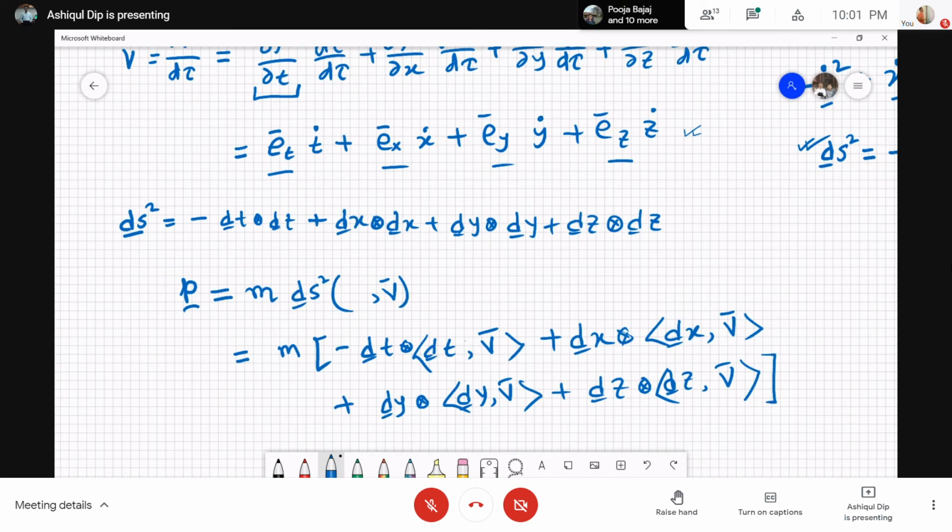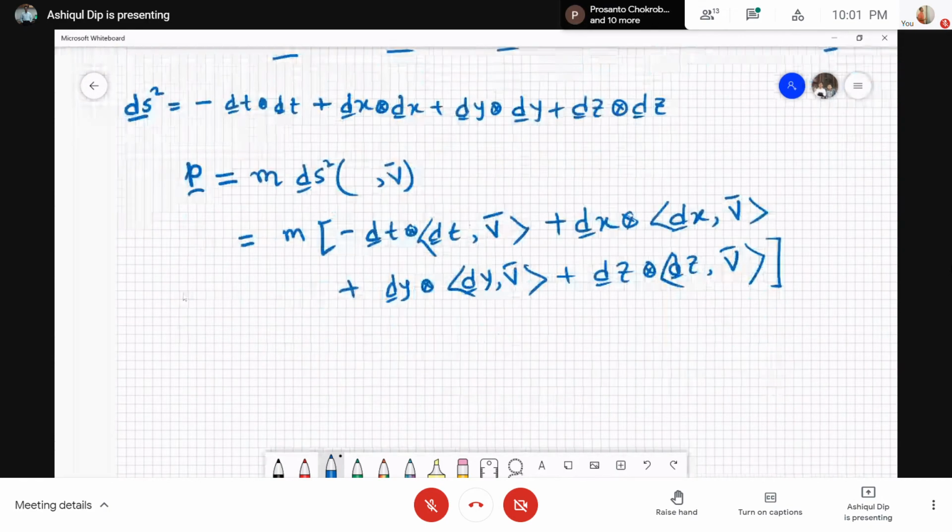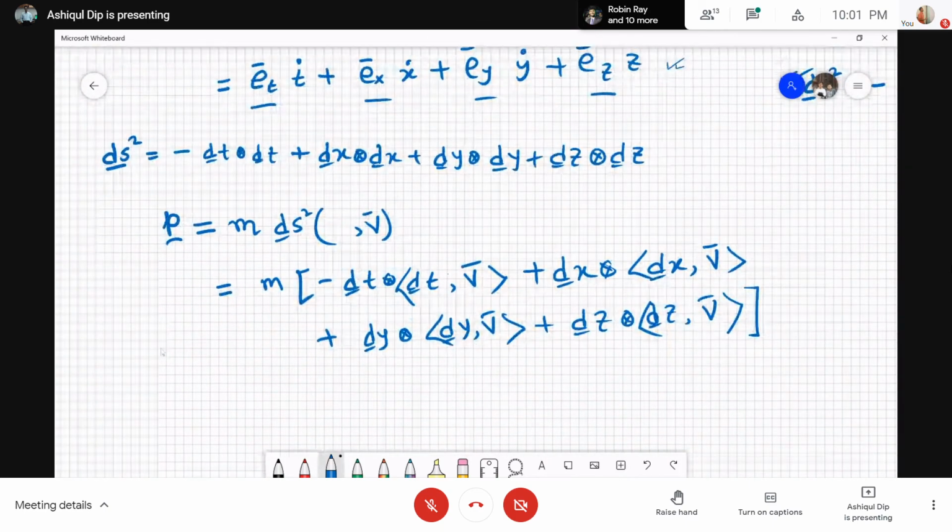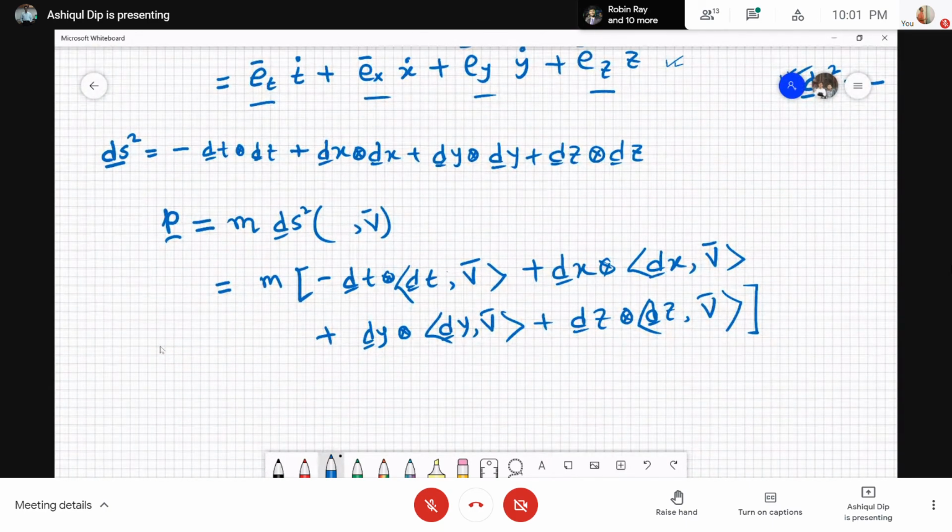Is that clear? Okay, what's the result then? Those piercing will be components. T dot, X dot, Y dot, Z dot. Yes, so it will be like m times, when you pierce dt with V, it will be just the component, like the time component of V, that's T dot, right?